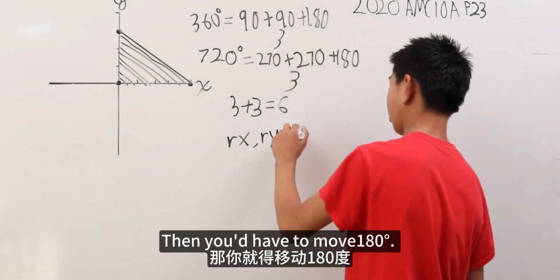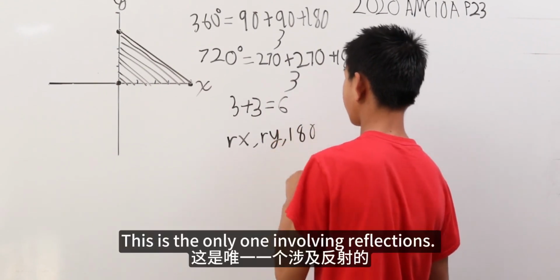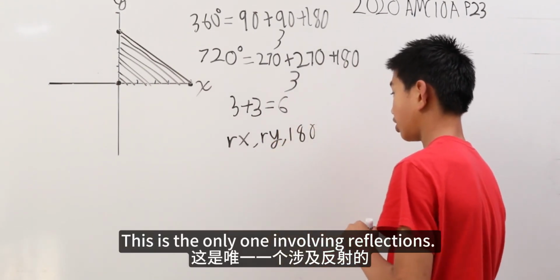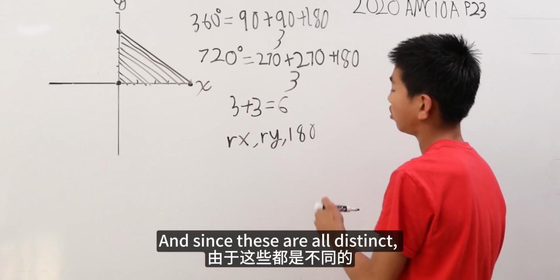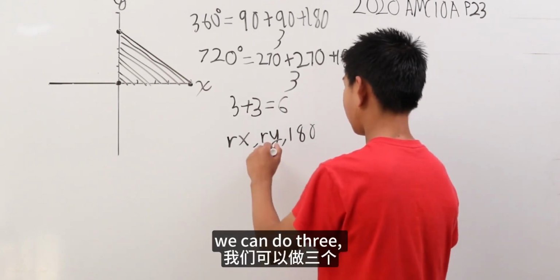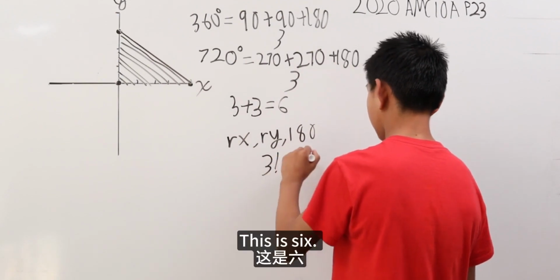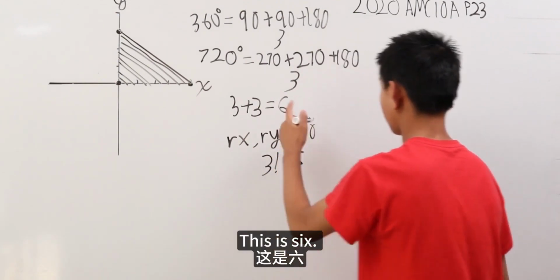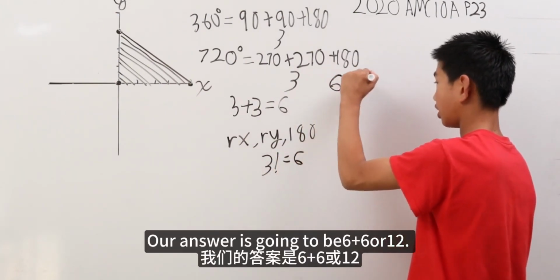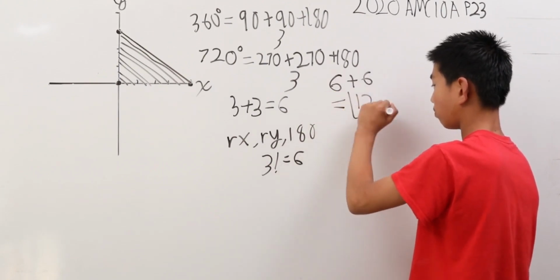Then you'd have to rotate 180 degrees. This is the only one involving reflections. And since these are all distinct, we can do 3 factorial. This is 6. So our answer is going to be 6 plus 6, or 12. And we're done.